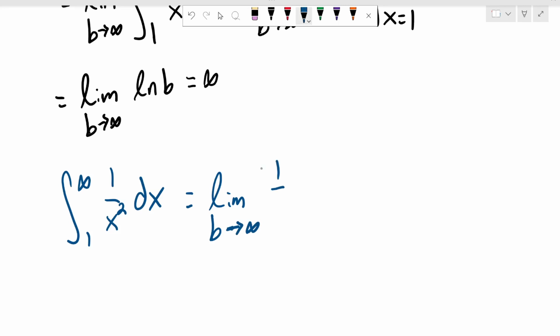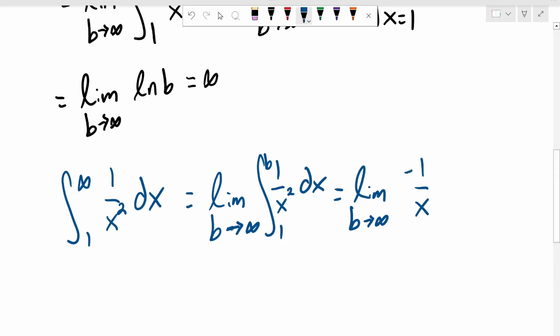Okay, so we're going to take the limit as b goes to infinity from 1 to b of 1 over x squared dx. So we'll get the limit as b goes to infinity of, what is that, negative 1 over x. And then we're going to evaluate this from x equals 1 to x equals b. And then we're going to put the bounds in, and then we'll take the limit.